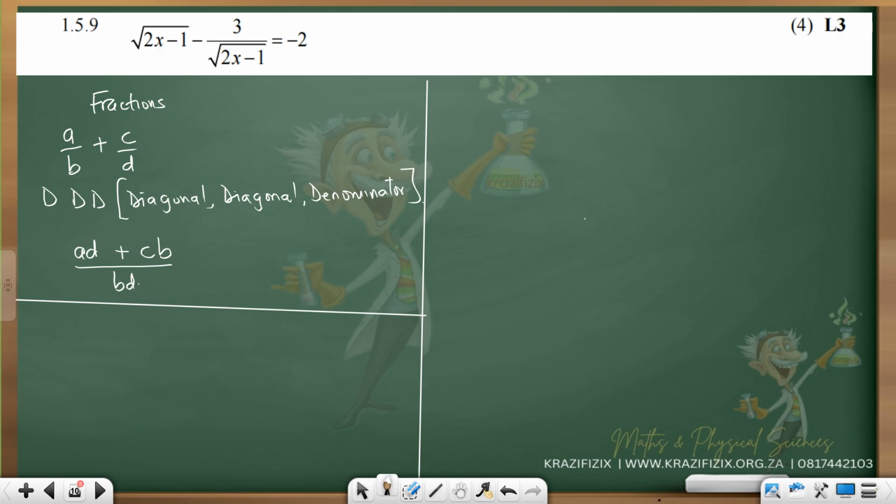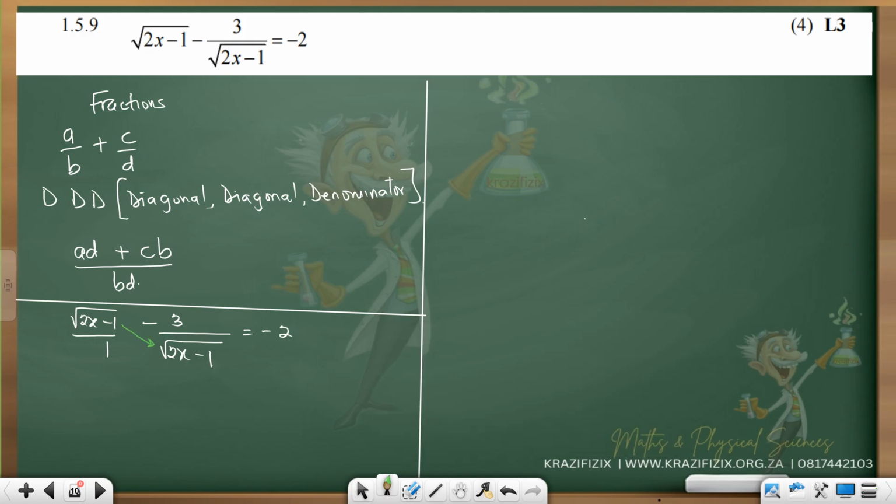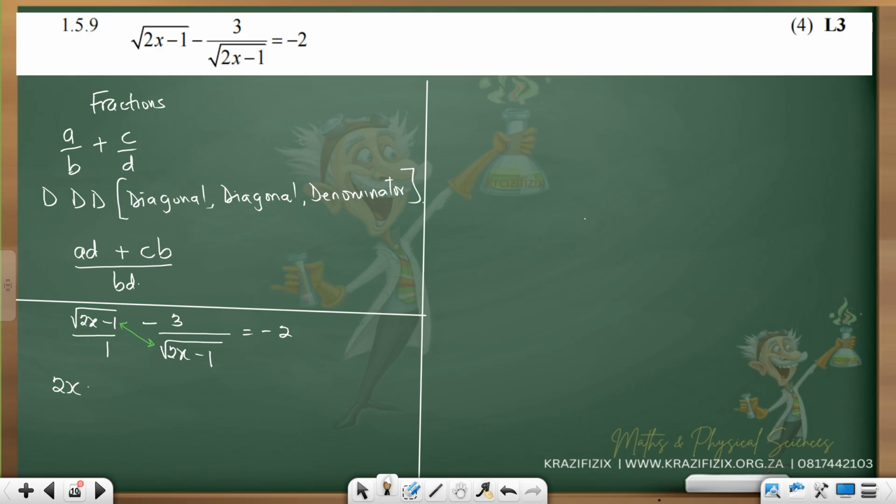Okay. Now look at this. Root of 2x minus 1 minus 3 over root of 2x minus 1. Check this. DDD. If I multiply this and this together, because the roots are the same, it will simply give me 2x minus 1.